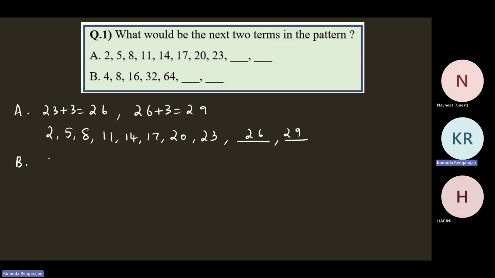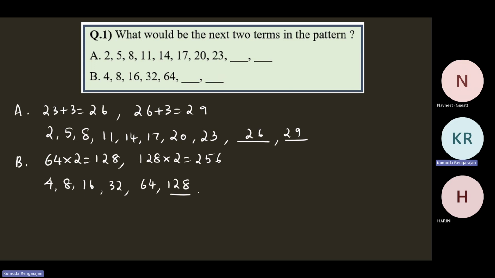For B, 64 into 2, 128. 128 into 2, 256. So 4, 8, 16, 32, 64, 64 into 2, 128, 128 into 2, 256.